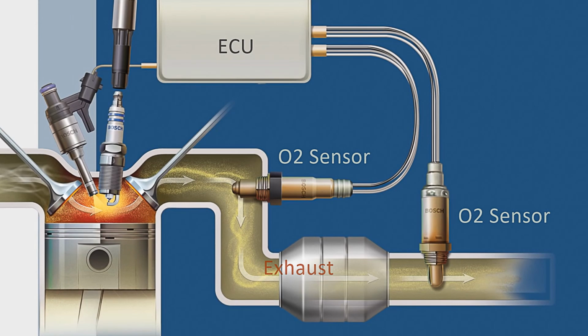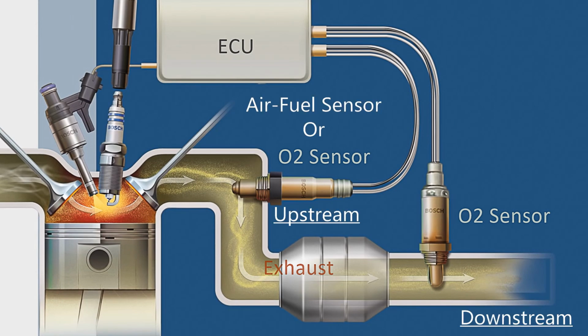So the catalytic converter is an oxygen storage unit. The upstream air fuel ratio sensor and the downstream oxygen sensor are both talking to each other. They're both checking the efficiency of the catalytic converter. It's always checking and communicating with the vehicle's computer to check the oxygen content inside the catalytic converter to see if it's operating correctly.